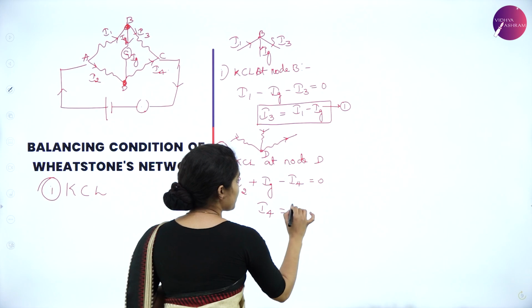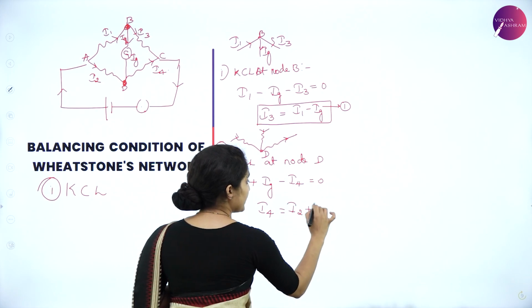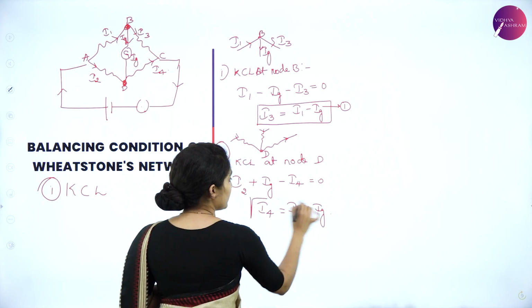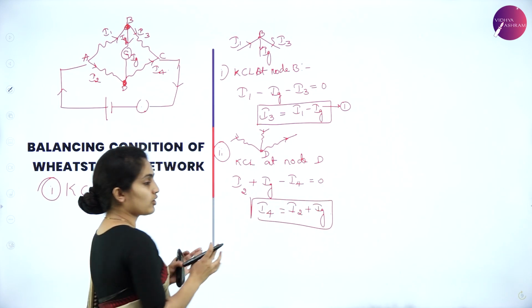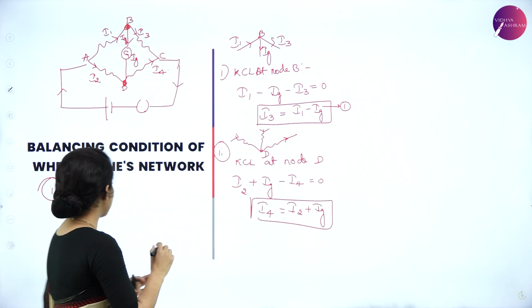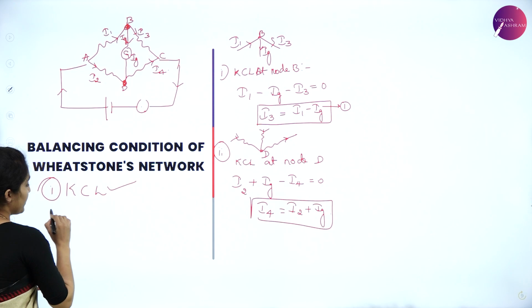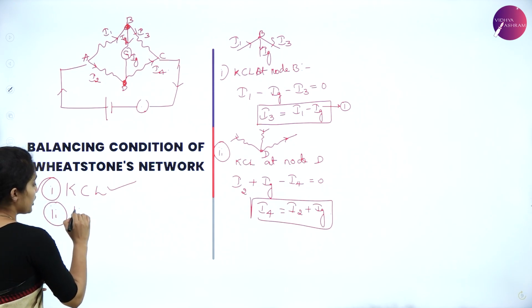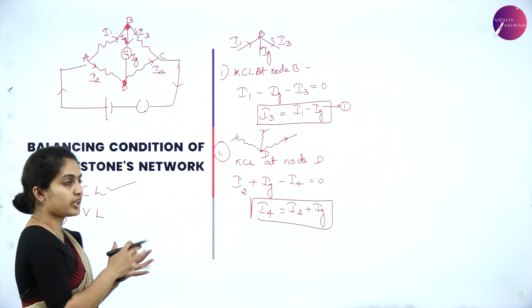Equating for I4, I4 is equal to I2 plus IG. Is equal to 0 means according to your KCL. So KCL is over.